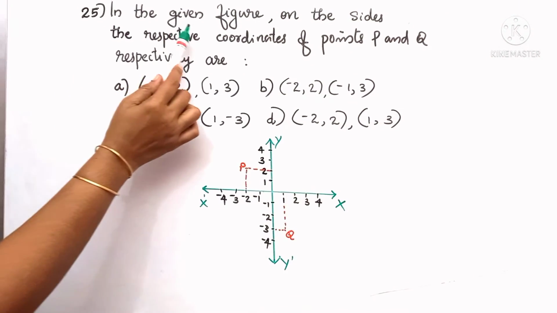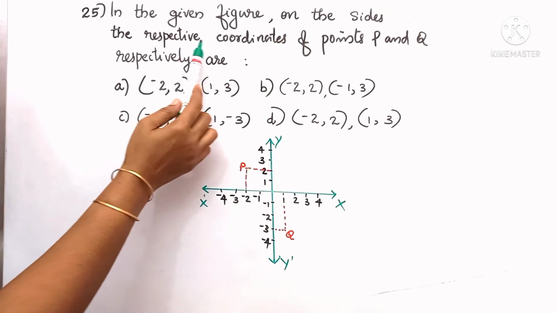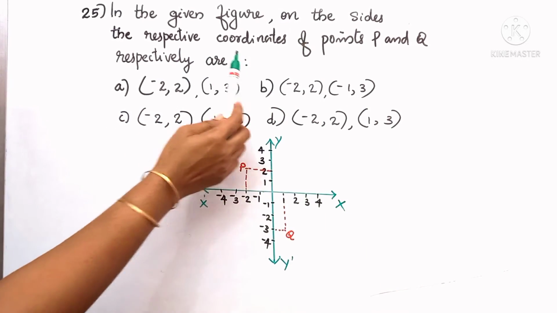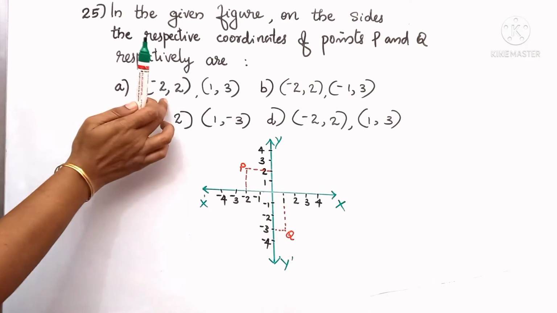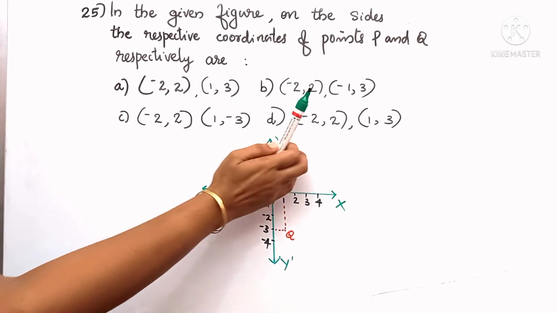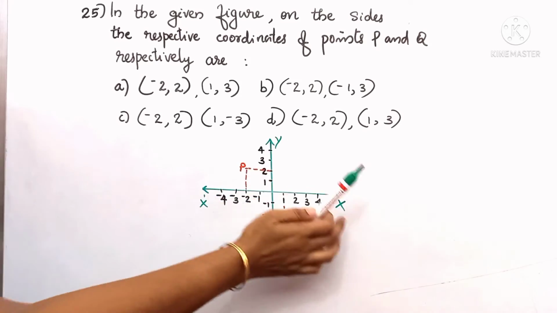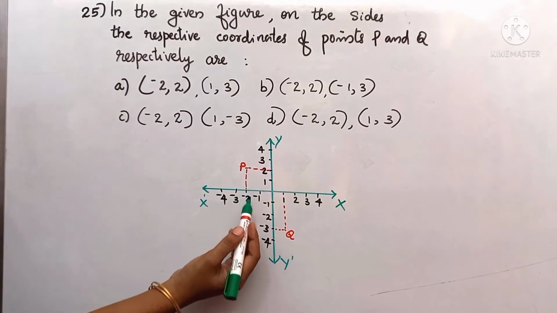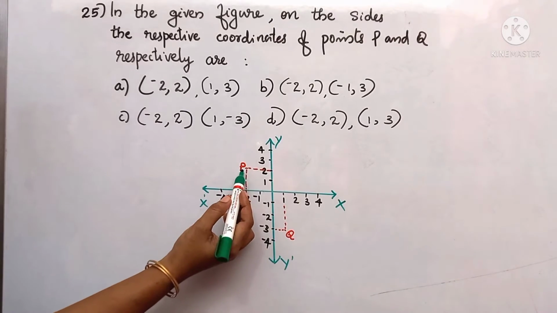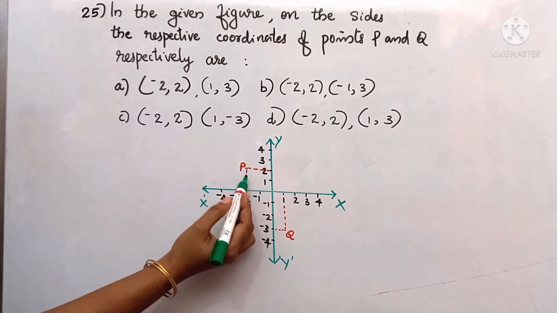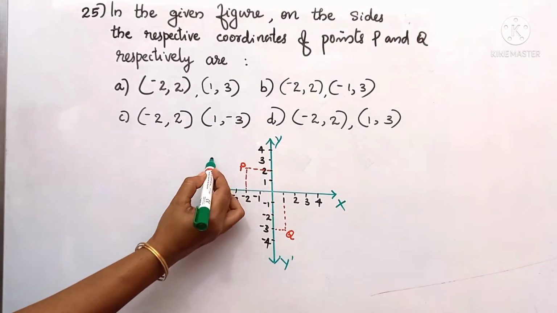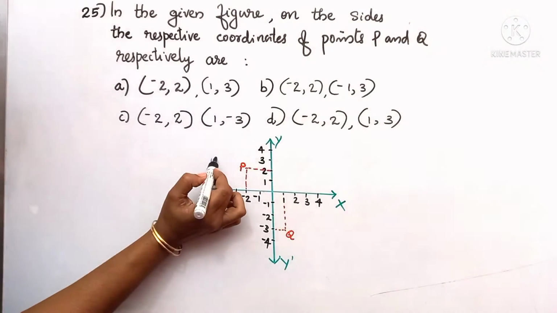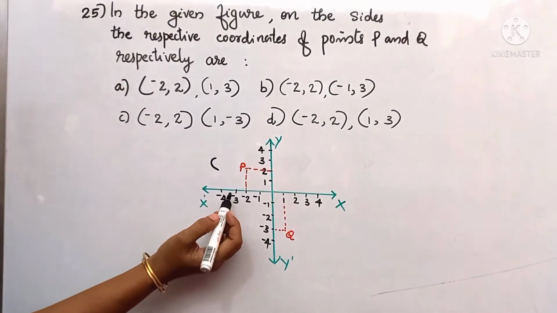25th question. In the given figure, on the sides, the respective coordinates of points P and Q are. Here, before looking at the options, we have to draw the graph of x and y, those points. After that, we have to find the coordinates of the point P. Here, respectively, we can say the x coordinate we have to say first.